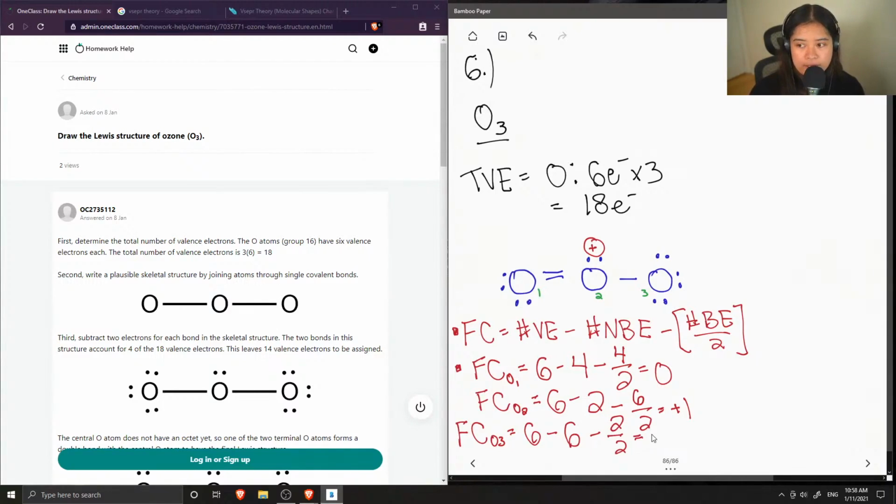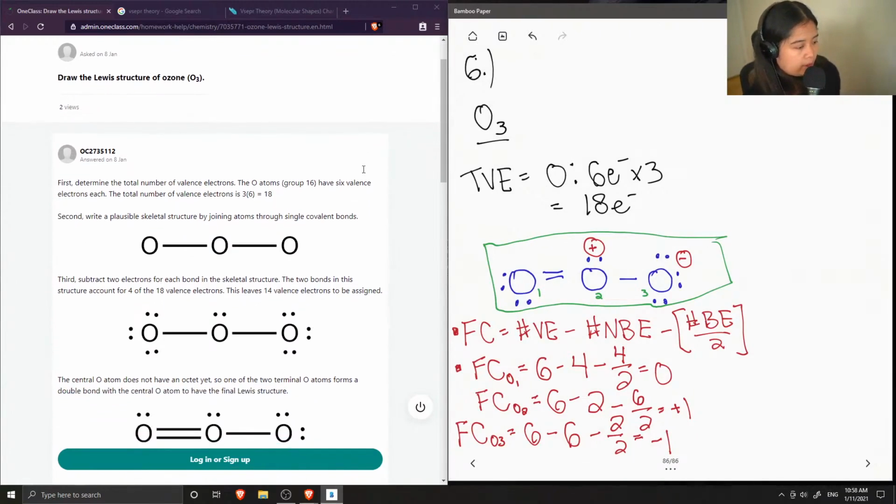So 6 minus 6 minus 1 is -1. So we know that our last oxygen has a -1 charge. So this is our overall Lewis structure. And you'll notice that the positive charge and the negative charge cancel each other out, and we're left with an overall neutral molecule.